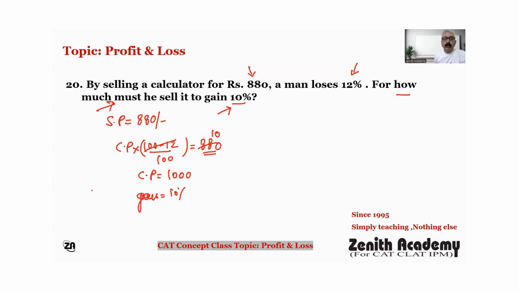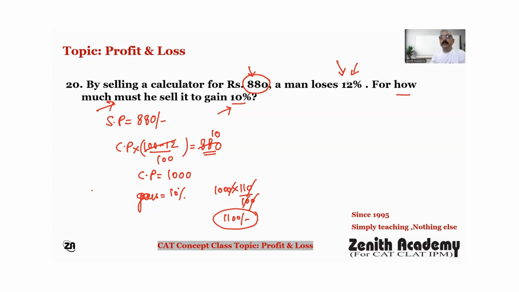gain is 10%. Means 1000 का 10% हो गया 100 rupees. Or directly you can write the 110% of 1000, new selling price आ जाएगा. This means 1100 rupees. Okay. So 880 rupee is a selling price when there is a loss of 12%.